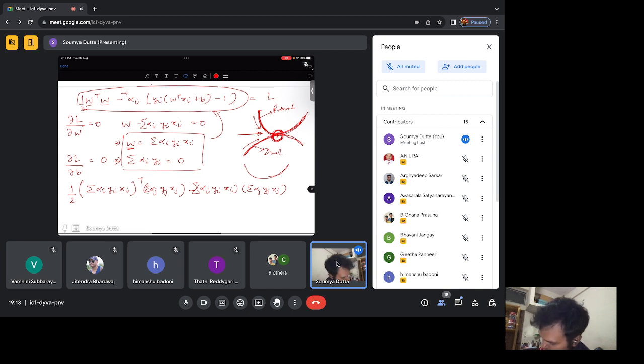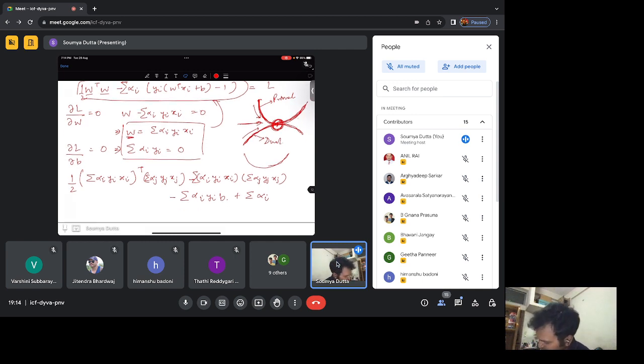Okay, this is summation, and this is minus summation alpha i yi b plus summation alpha i. First of all, this goes to 0 because summation of alpha i yi goes to 0, and this minus half and this plus half and this minus becomes minus half.